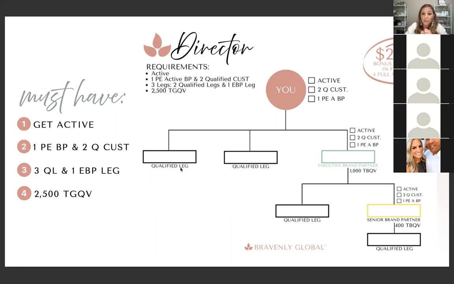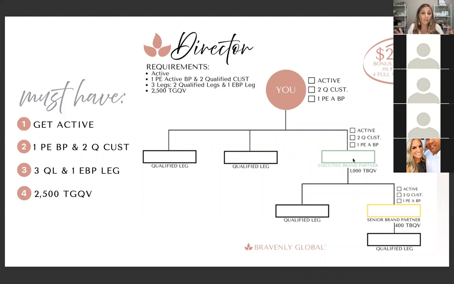So let's talk 2 real quick things about this. You have the ability to move brand partners. If you enroll, let's just say you've personally enrolled 4 brand partners this month and your goal is director. You would want to keep 3 brand partners direct to you, and then you've got a 4th one that you're able to move somewhere.